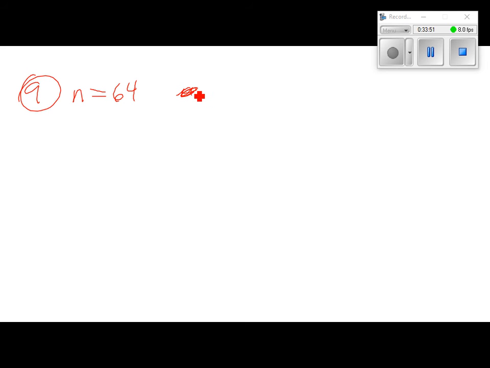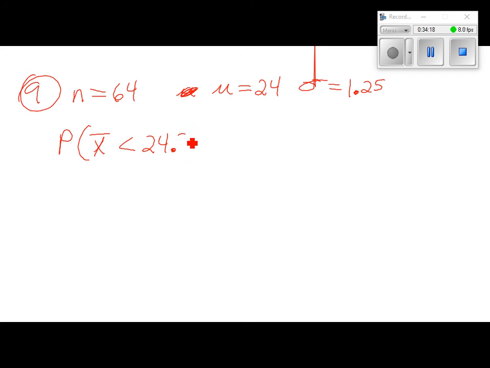Our regular mean is 24, and our standard deviation of the population is 1.25. We're trying to find the probability that the X bar, the sample mean, is less than 24.3.